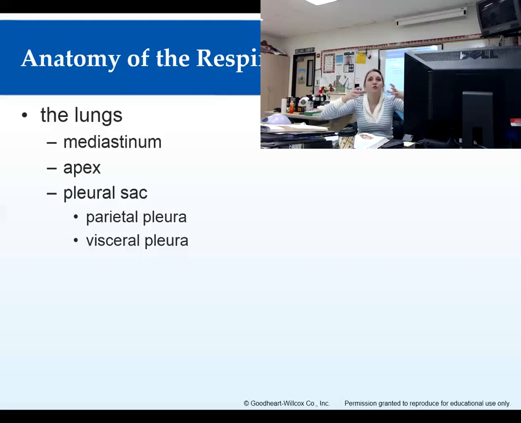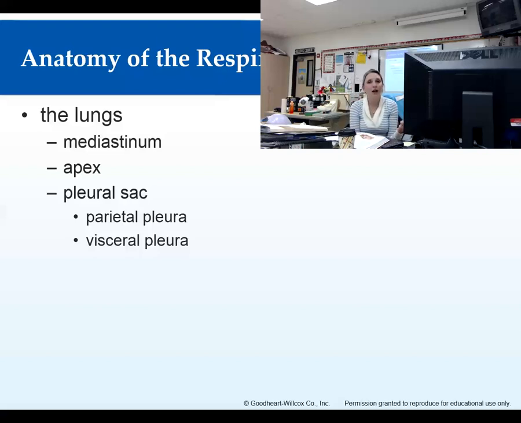They contract to open up the rib cage. The diaphragm contracts, opens up from underneath, and it basically pulls the lungs open. And when it does that, it provides a kind of negative pressure, so the air is brought in. We'll talk about that more in detail Thursday. But anyways, I just wanted to give you guys an idea of why those two linings are important and how they work together.